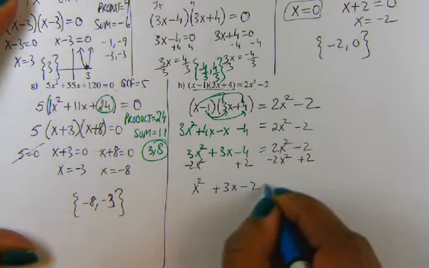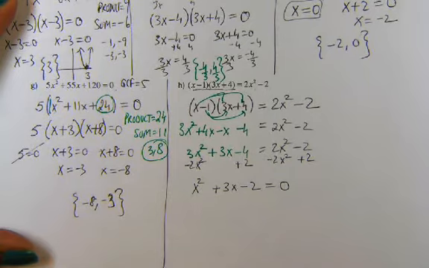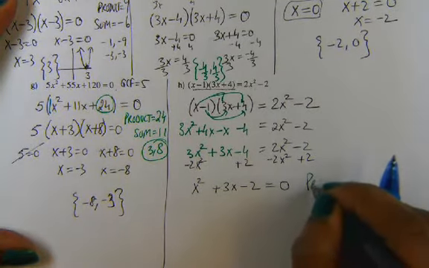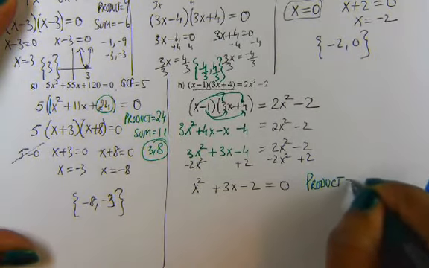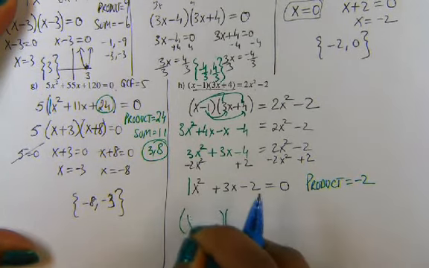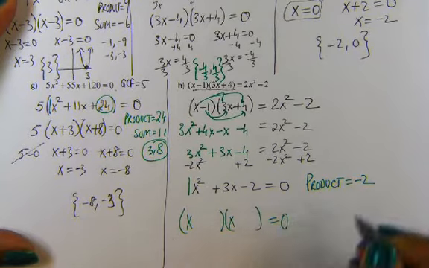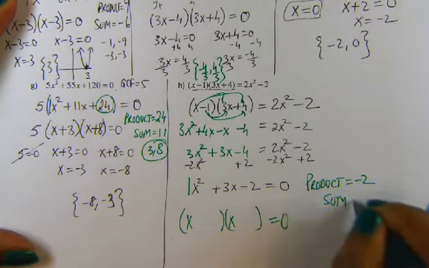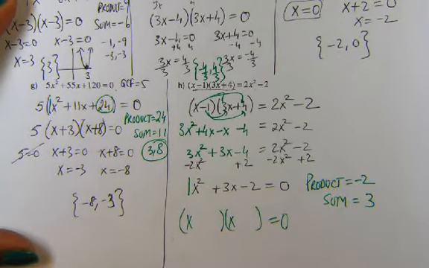Okay, so our product now, because it's a trinomial, we need to find product, and the leading coefficient is 1, so I can write x and x. So what are the numbers? 2 is a prime number, so what are the factors of 2?